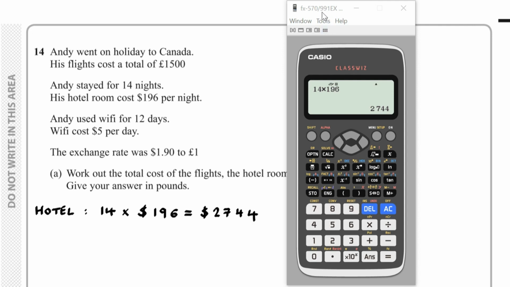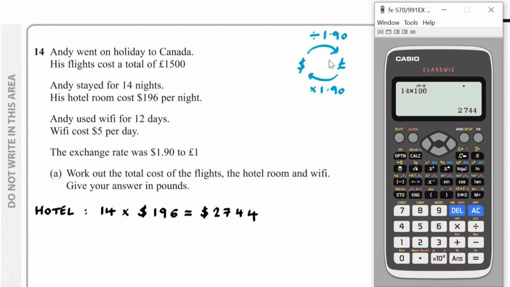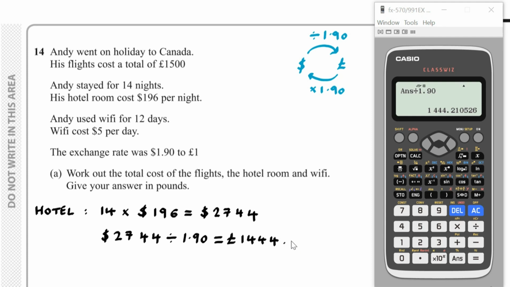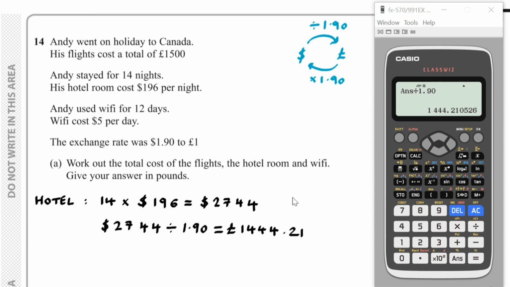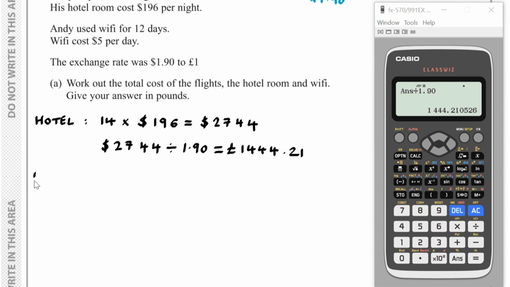And now what we need to do using our conversion, we need to divide that by 1.90. So if I do 2744 divided by 1.90, then what we end up with to 2 decimal places is £1,444.21. So that's the hotel. We've also got the flight.